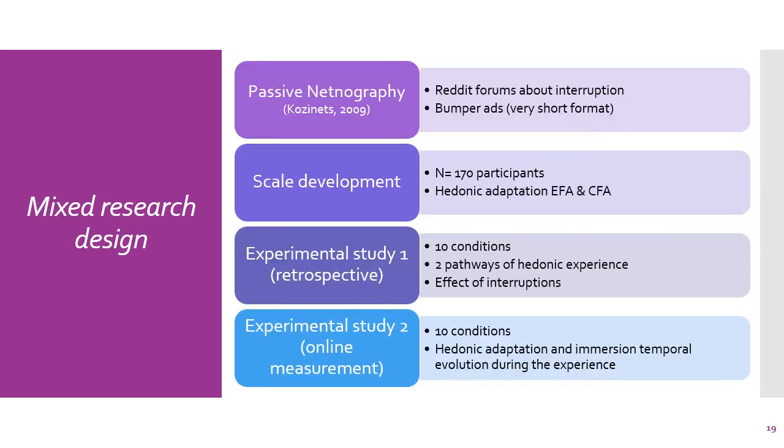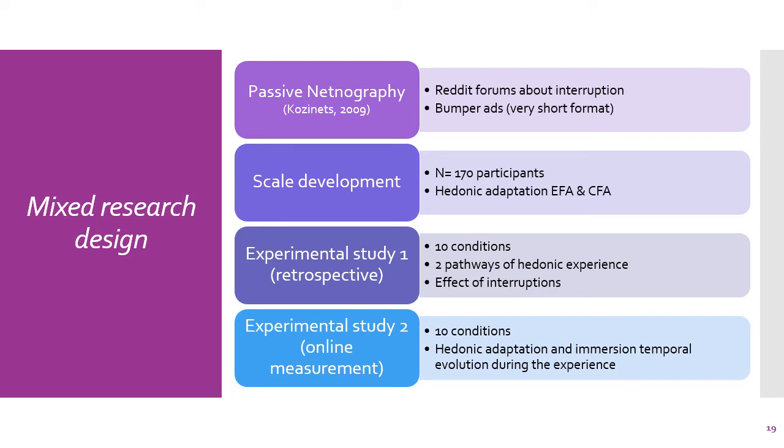So in our research design, we proceeded via four stages. The first one was to organize what we call a passive ethnography. This is simply collecting data from online forums like Reddit to see how people perceive online advertising and interruptions in videos, especially the short formats that we call bumper ads, formats that are shorter than 8 seconds.